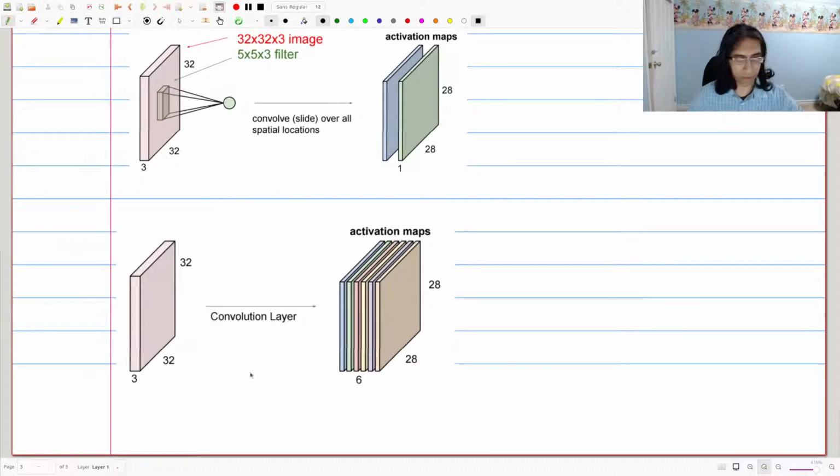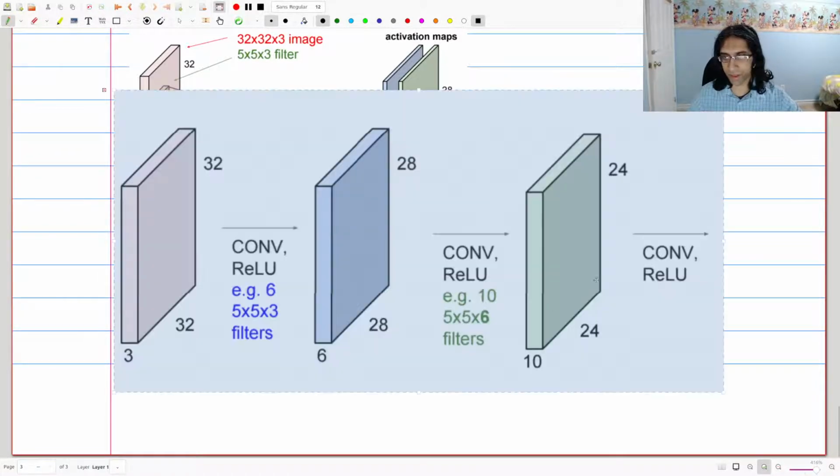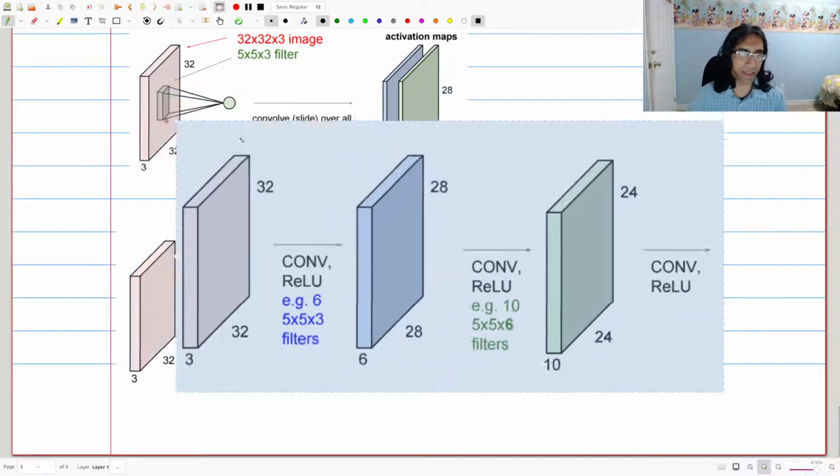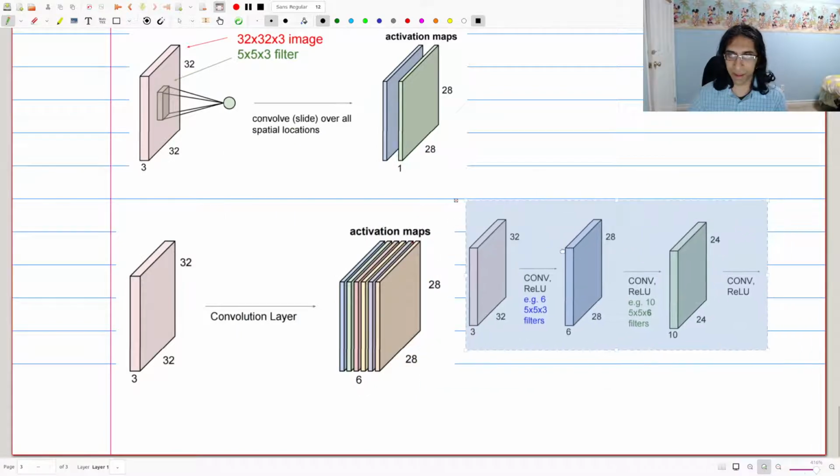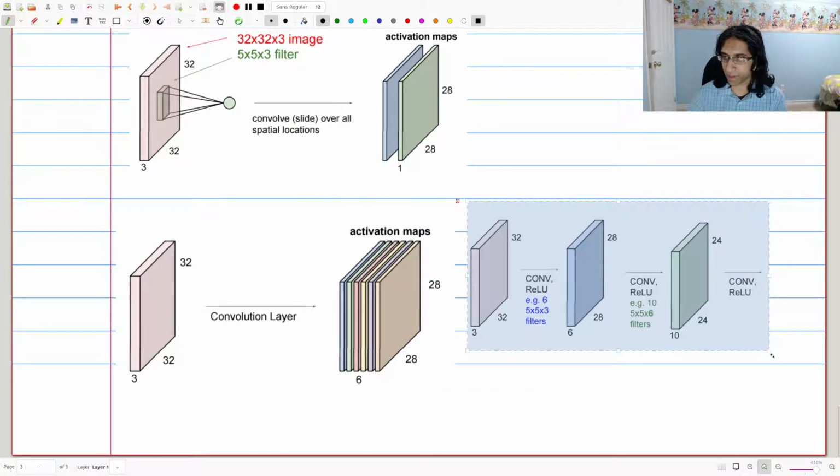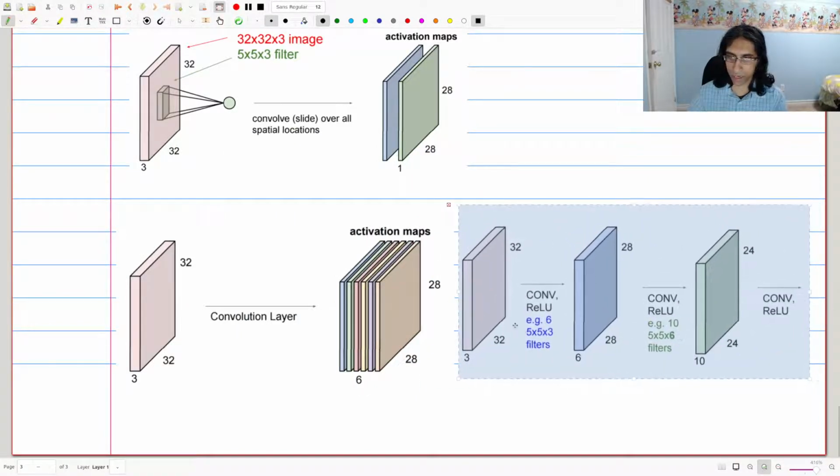And then, of course, as you know, once we have just one thing, we like to stack them together. So we could imagine this is something like what a convolutional neural network would look like. You would start with just this, and then you would run, say, a convolutional layer, and then you would do a ReLU, and then you would get something that looks like this. And then you can do it again.